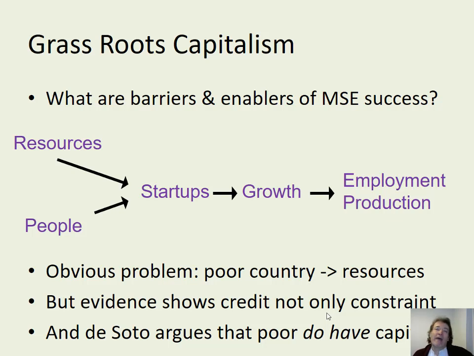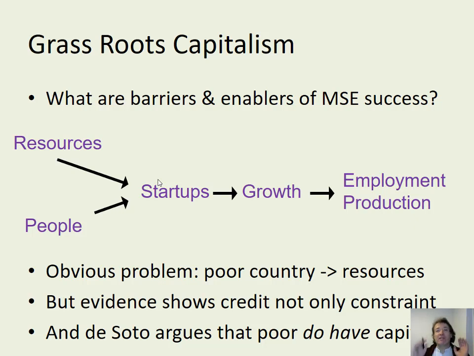So what we have to start with is, well, the two inputs really: resources and people. So resources, or the capital, the raw materials, land and so on, and then people are a very special resource. And the stages are startup. So you need first of all to get some companies to start up and be formed, and then some of those companies at least have got to grow and expand in terms of how many people they employ, how much output they produce, and then from that growth you hope to expand those final two things.